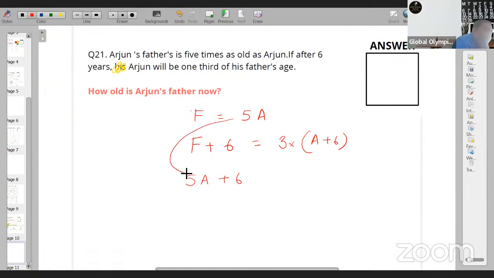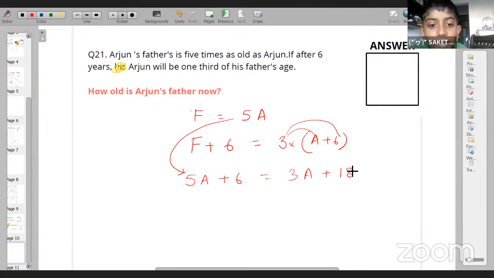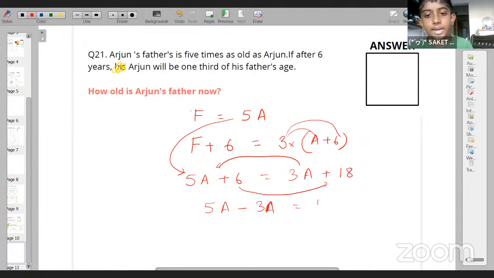We can substitute it, correct? This one will give me 3A plus 18 by the distributive law of multiplication. So 5A plus 6 equals 3A plus 18.